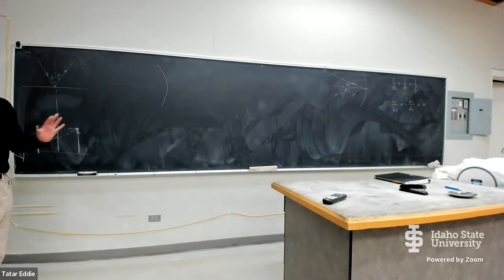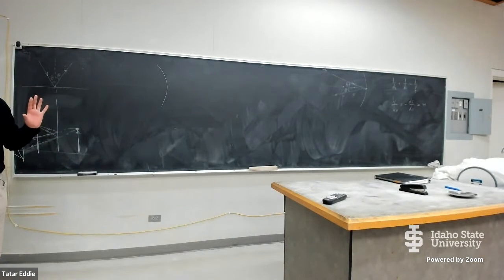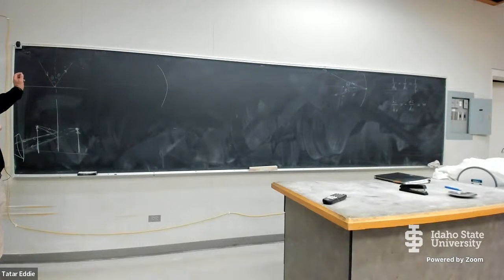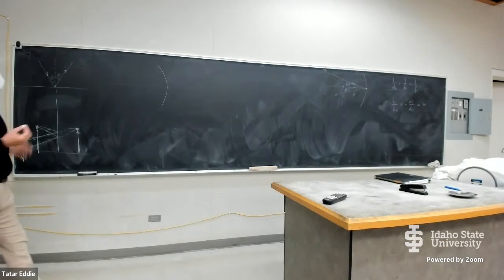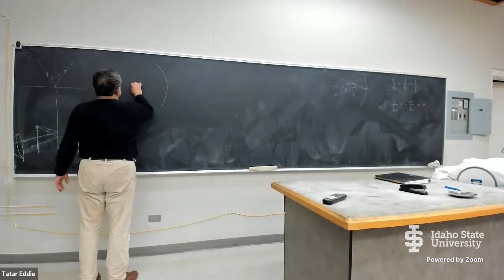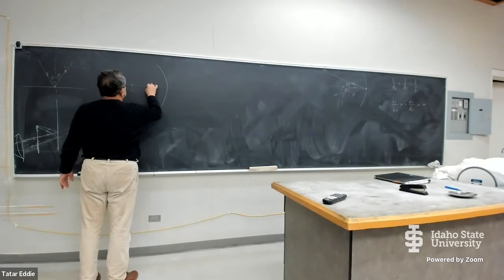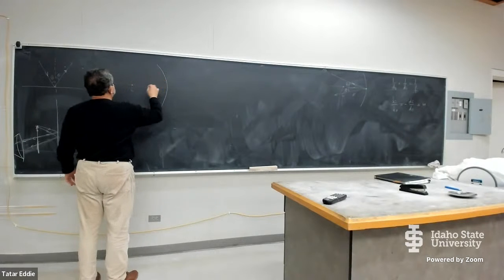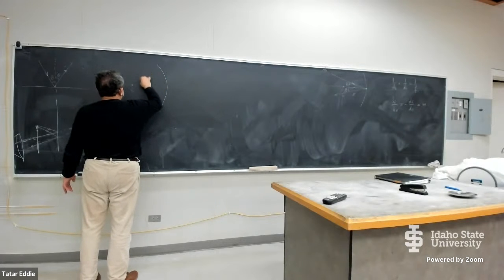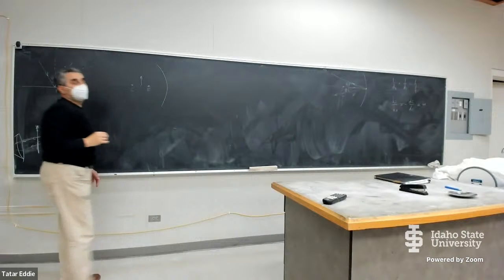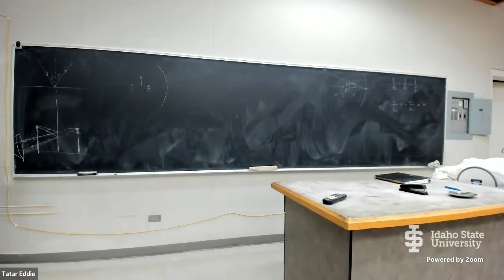And the object that you have to form the image for is always on the left-hand side. So let's say this is the center, this is the focal point. Let's place the object between the center and the focal point, and let's figure out where the image of this object is going to be formed.